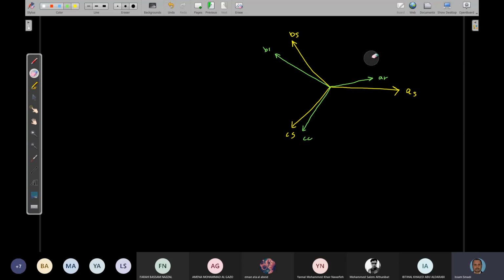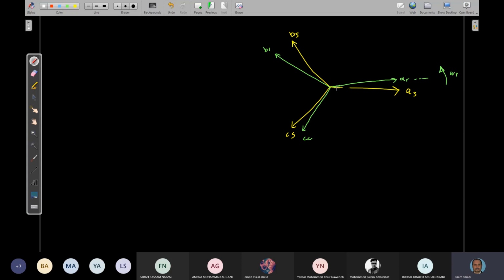Now, the frame of the rotor is rotating by which speed? By the rotor speed. This is the AR, and here we are rotating by omega r. Now, in the reference frame theory, I'm having a 2x.